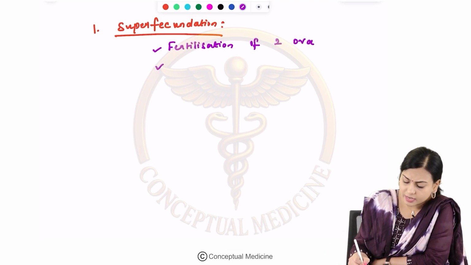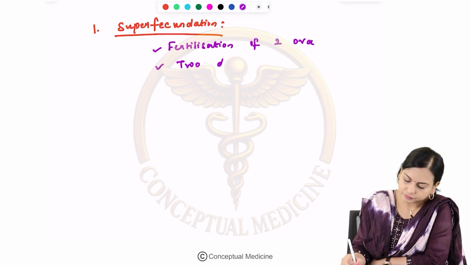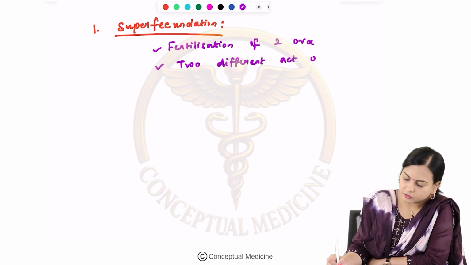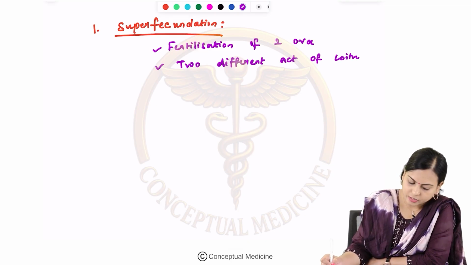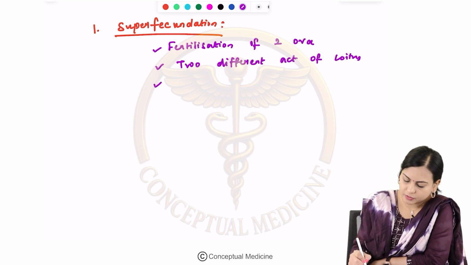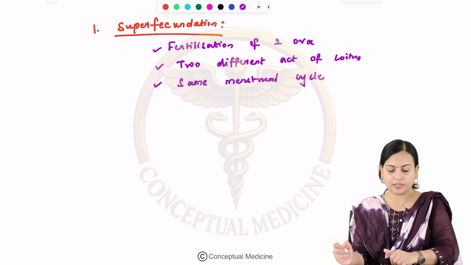Okay. There are 2 different acts of coitus. And this will be happening within the same menstrual cycle. Okay. So, there is the same menstrual cycle happening. Clear?